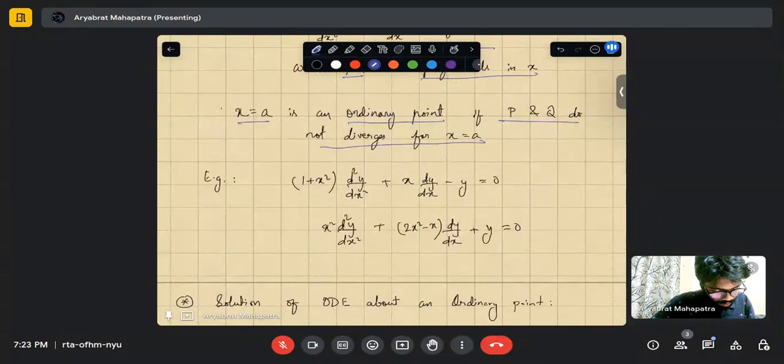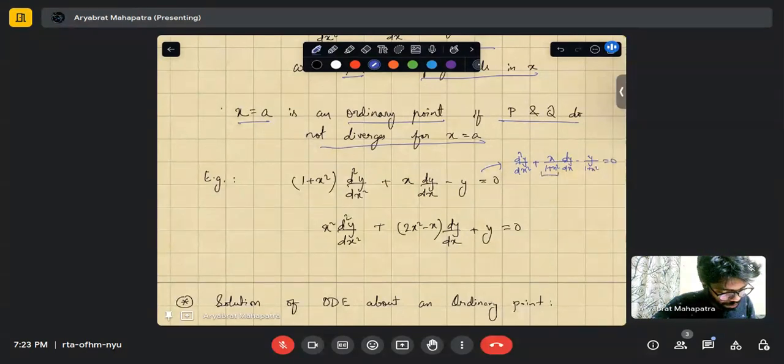Let's say I can write this differential equation as d squared y by dx squared plus x by 1 plus x squared dy by dx minus y by 1 plus x squared equals to 0.